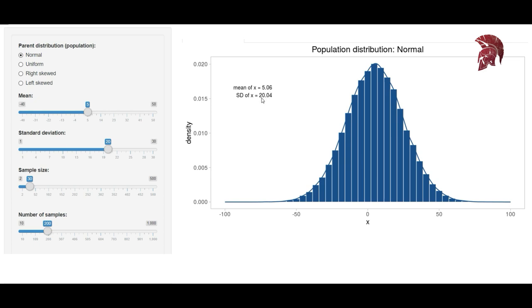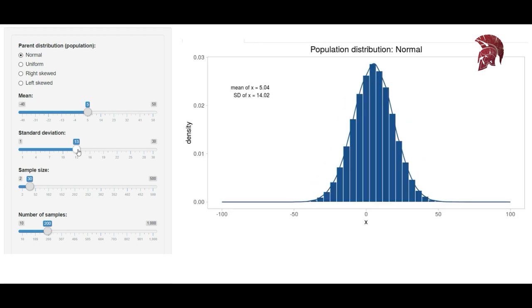Now let's see the effect of a change in standard deviation on the bell-shaped curve. As we already talked about, mean and standard deviation are the two parameters that change the characteristic of a bell-shaped curve. If I decrease the standard deviation to, let's say, 13, the bell-shaped curve shrinks.